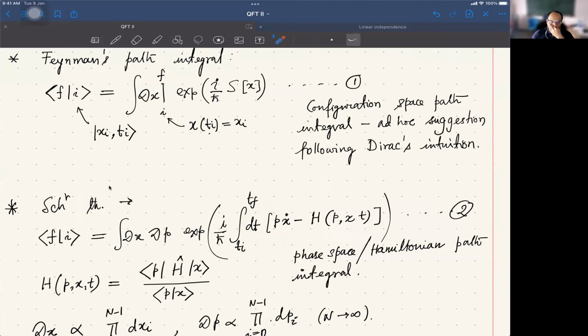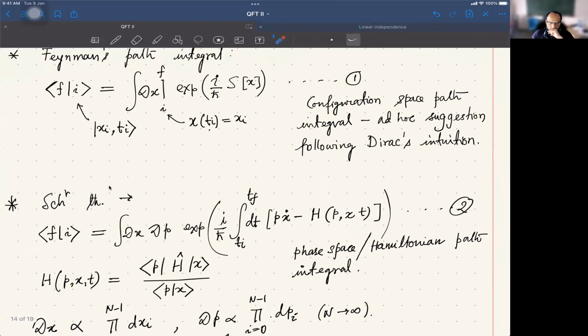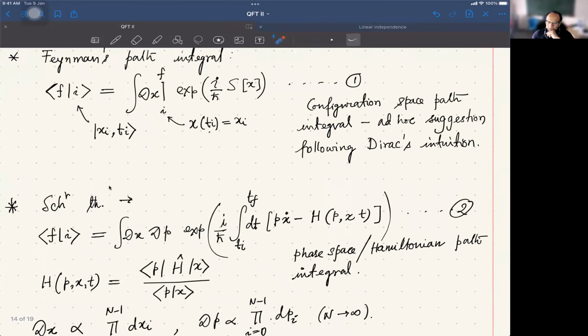Right? That is the idea, but not for ordinary functions. This idea is to be implemented for functionals and path integrals. Okay, so this is what we will do now.